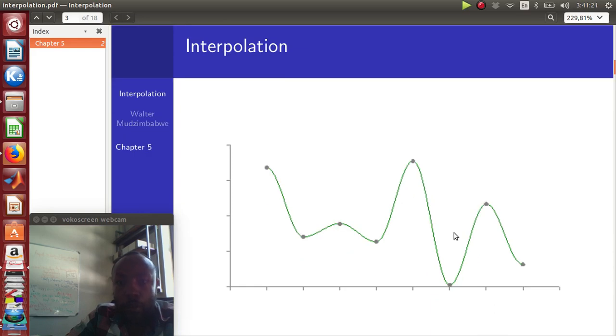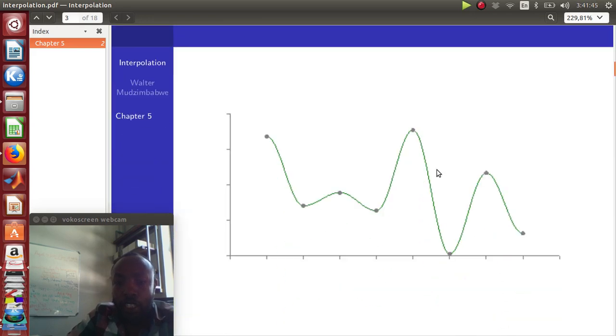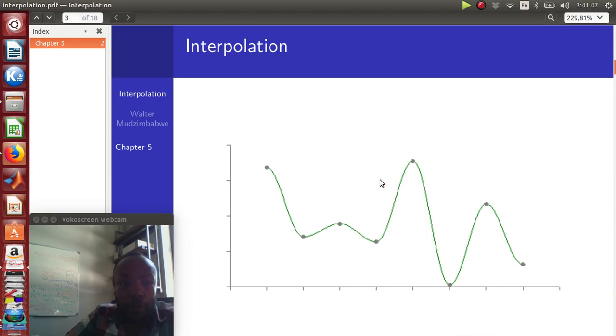The problem of interpolation can also be illustrated through this diagram, a picture that I found on the internet, which illustrates the idea. The data that we have here are the gray dots. The point of interpolation is to find the curve that goes through all these data points.